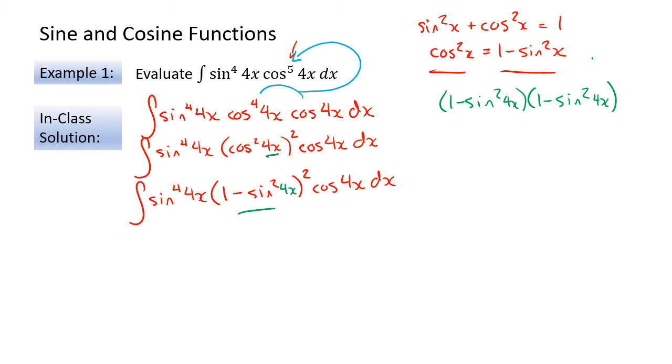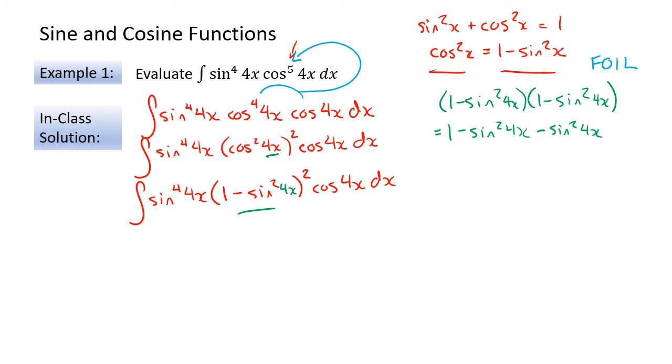So now, using FOIL again, we can multiply this out. Our first terms, 1 times 1 is 1. Our outside terms, 1 times negative sine squared of 4x is negative sine squared of 4x. Our inside terms, negative sine squared of 4x times 1, again, minus sine squared of 4x.